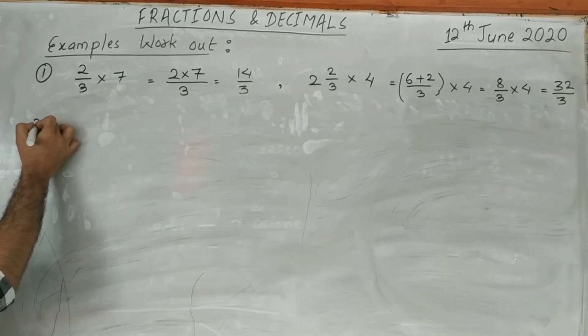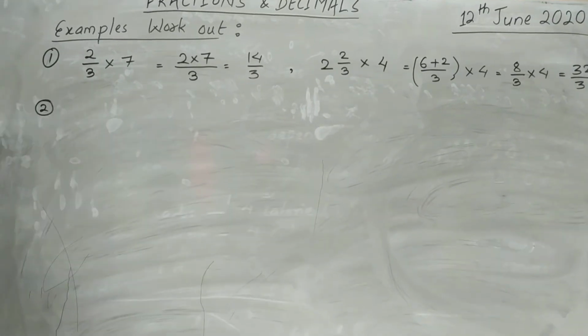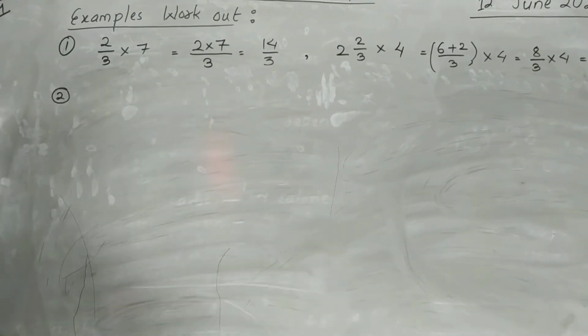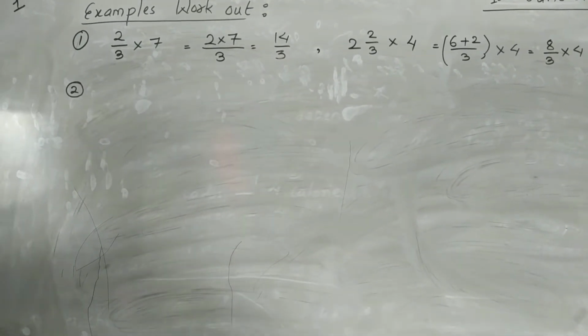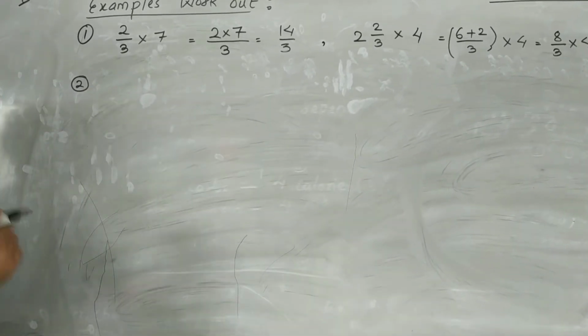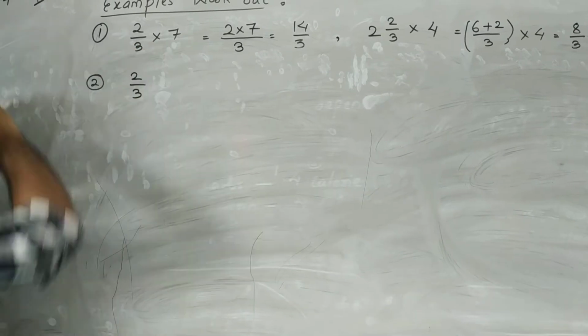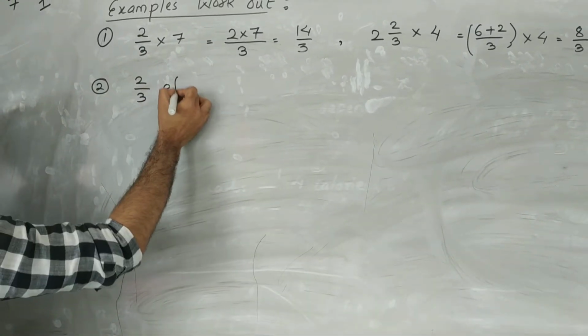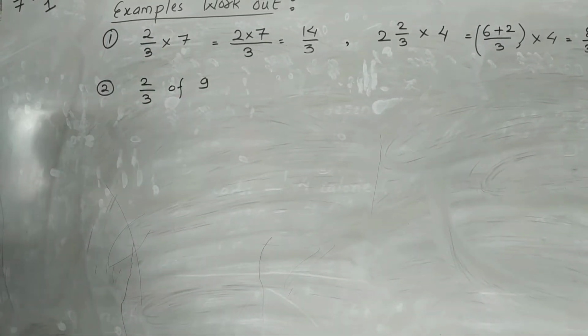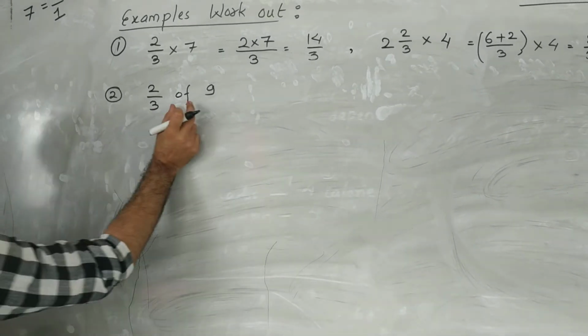Now in the second type of examples, I am dealing with some multiplication, but it has a slight word problem. Let me do it again: 2 by 3 of 9. Look, there is a slight word.